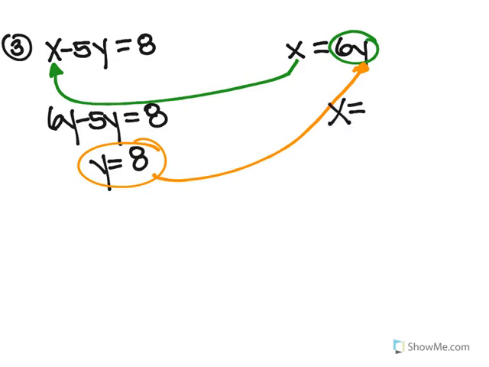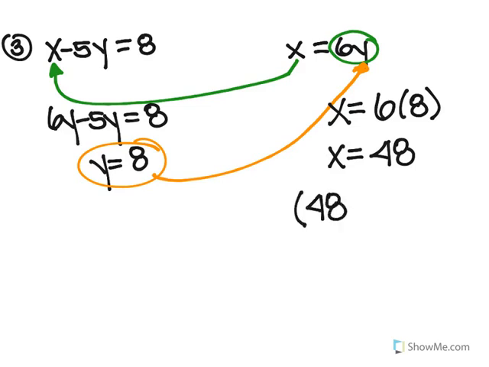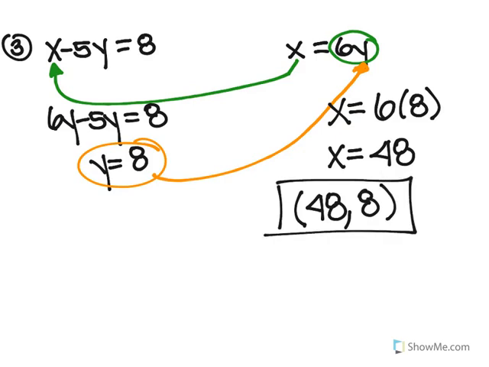So x is merely 6 times 8. So your x is 48. So our ordered pair would be 48 comma 8. That's our point of intersection.